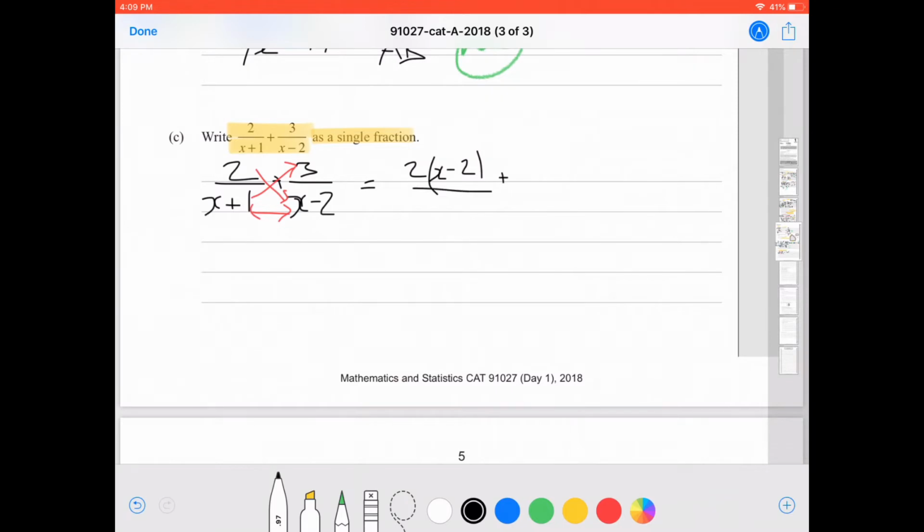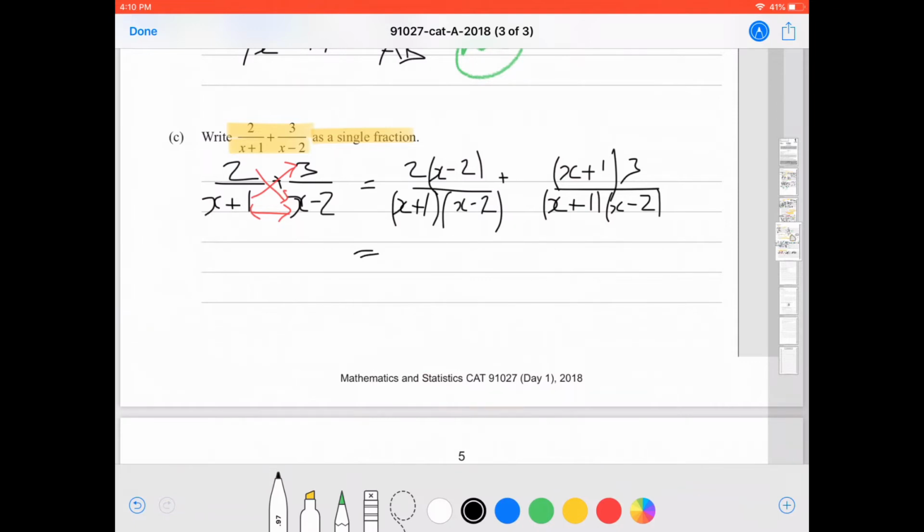Plus, and let's also keep denominators in factorized form, just for the purpose of understanding how this works. So that's our first fraction. Our second fraction will be x plus 1 and 3, and again, x plus 1, x minus 2.